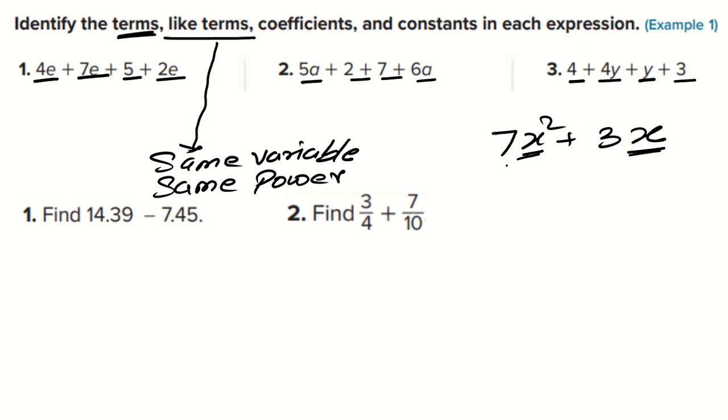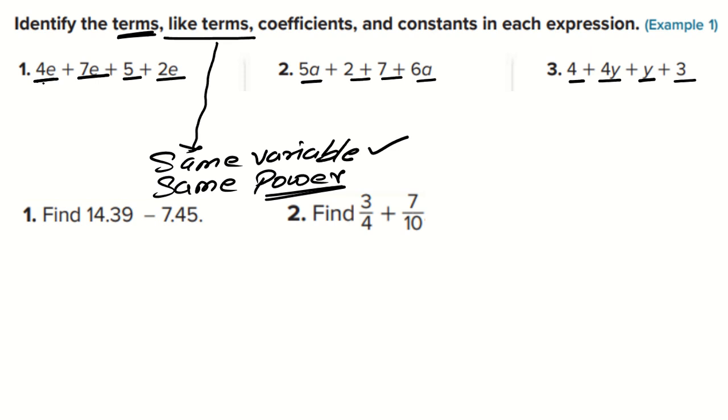Are they like terms? Did you say yes? No, I am sorry for that. It is wrong. Why? Because the variable is same, but the power is not same. Here power is 2 and here power is 1. So they are unlike terms. Okay. So please remember this thing, that like terms means you must have the same variable, meaning letter, and the same power of the variables. Okay.